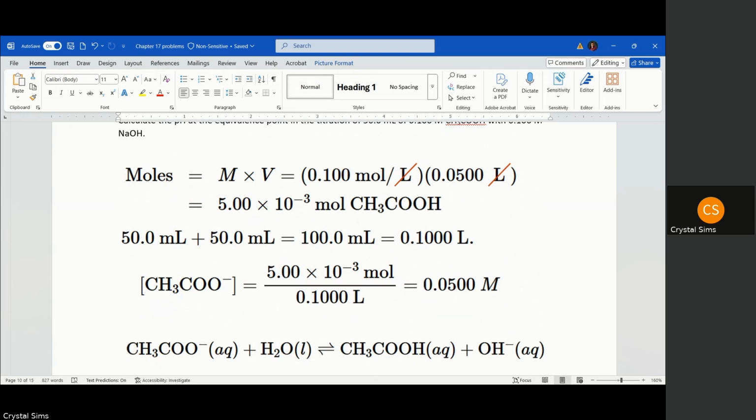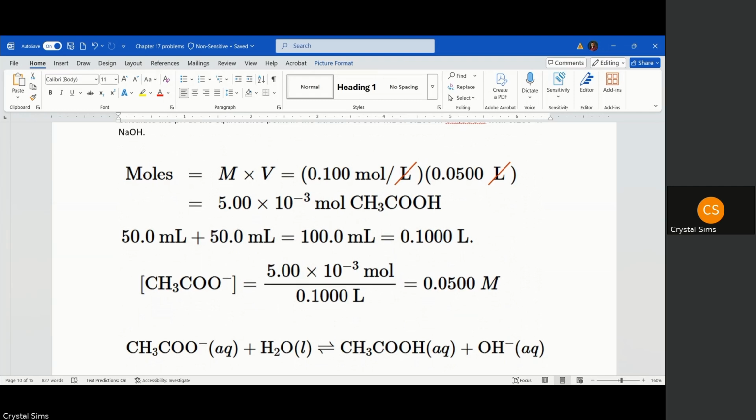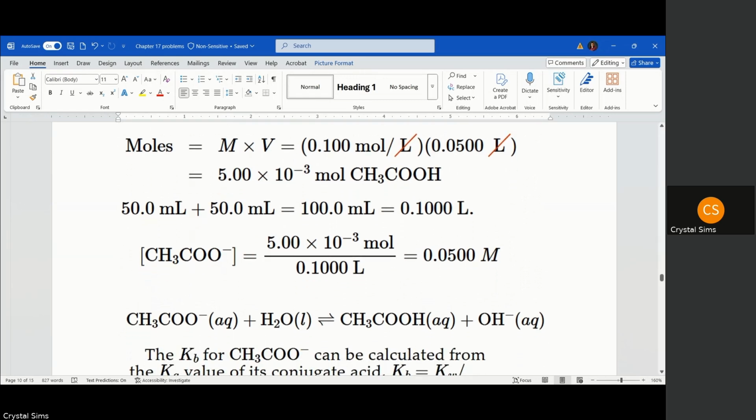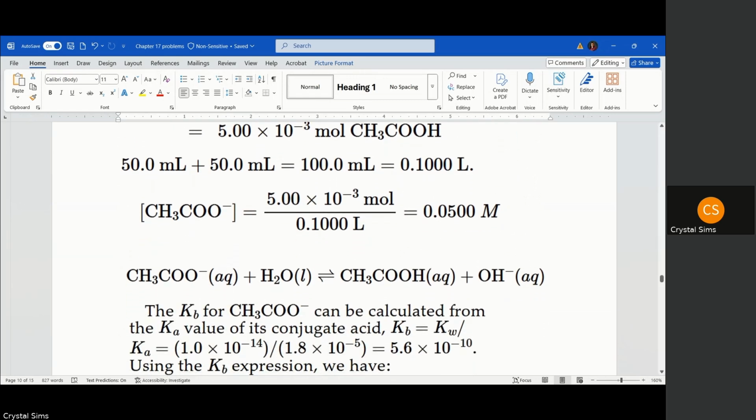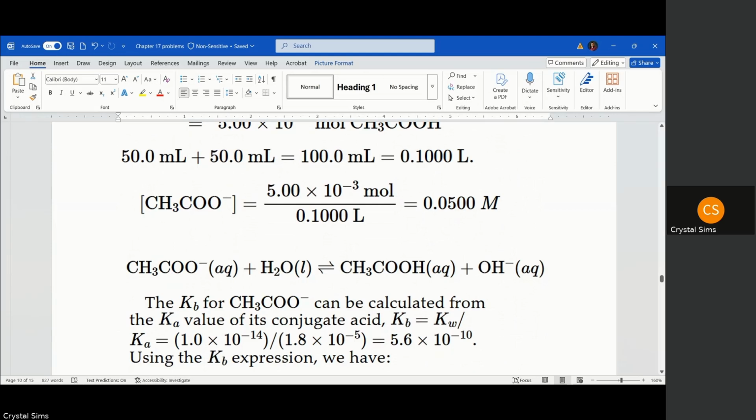And we know hydroxide represents a base. So we can calculate the Kb for our acetate ion from the Ka value of the conjugate acid using our water constant. So Kb is equal to Kw divided by Ka, and that equals 5.6 times 10 to the negative 10.